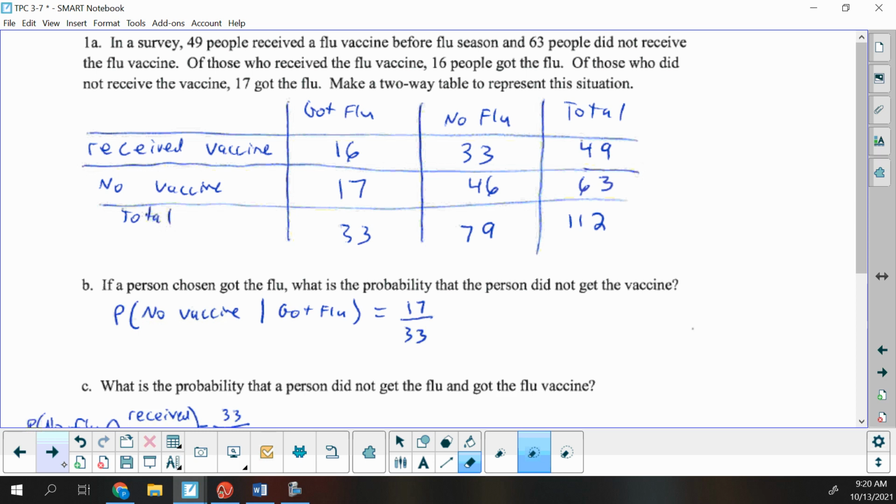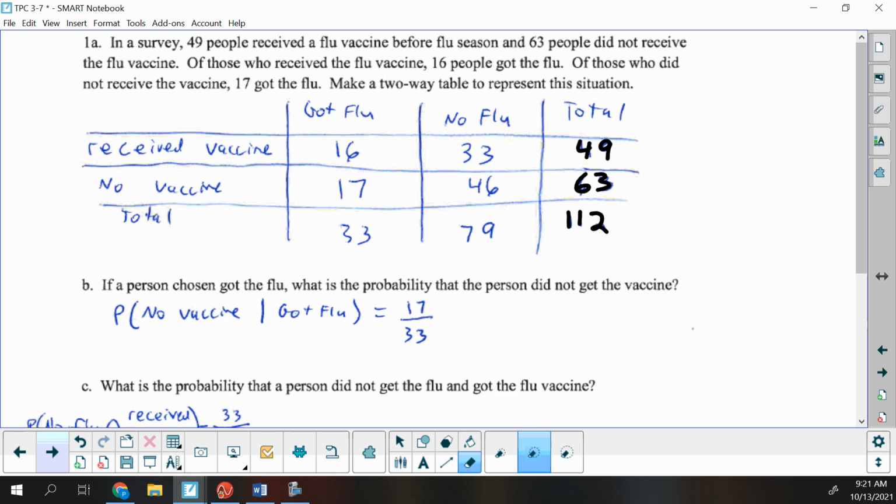In our two-way table, I put got flu and no flu along the top with the total, and then received vaccine, no vaccine, and total on the left. You could have put the vaccine stuff on the top and the flu on the left. That's fine as well. So 63 people did not receive the vaccine, so that's how we got the 63 here. 49 people received the flu vaccine, and we can add those together to get this 112.